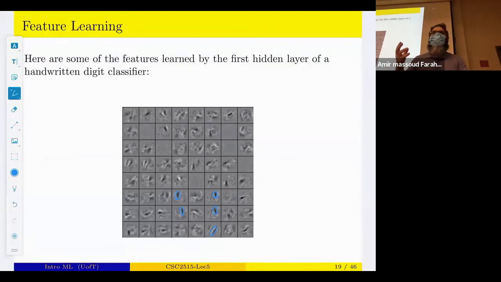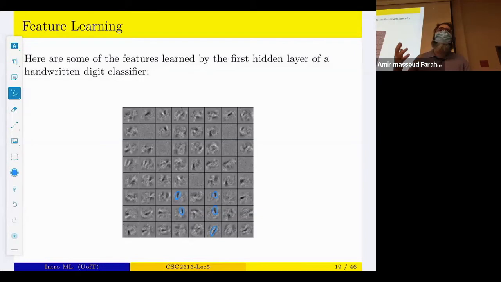There are also other techniques to figure out what each unit reacts to most, the most exciting input for that specific unit. What we usually see is that in the first one or two layers, the network starts to detect basic structures of the image, for example horizontal or vertical lines. Essentially, it acts like a form of edge detector.